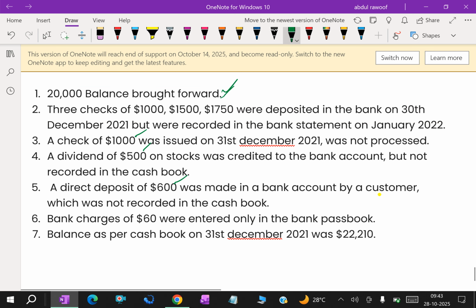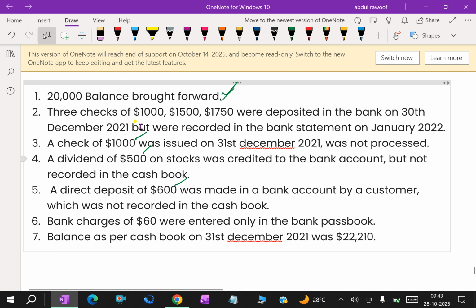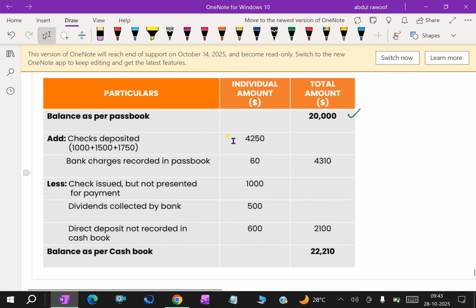These are the three checks: 1,000, 1,500, 1,750. Add checks deposited: 1,000, 1,500, 1,750 all added together. This gives 4,250. This side it comes.